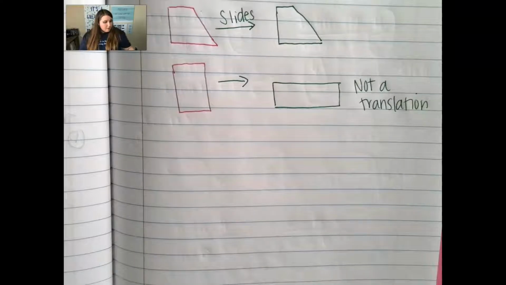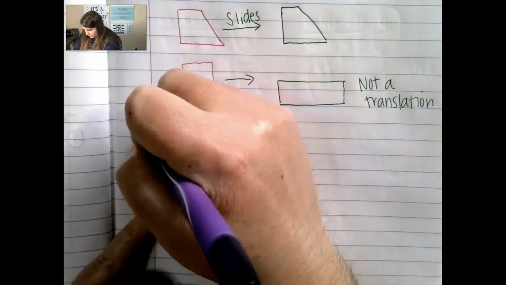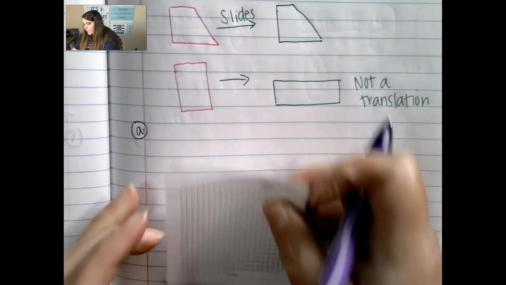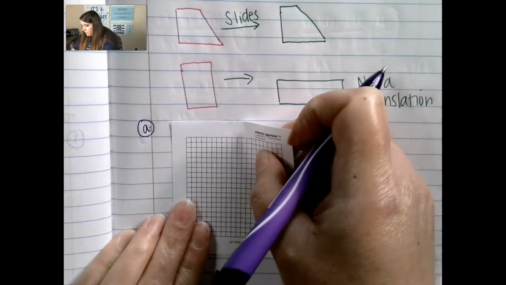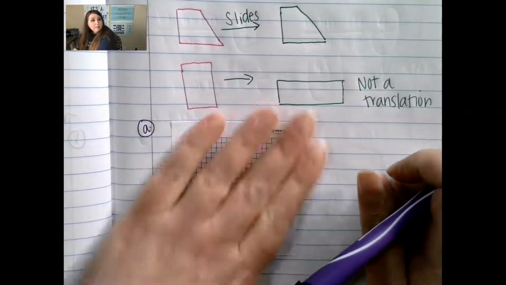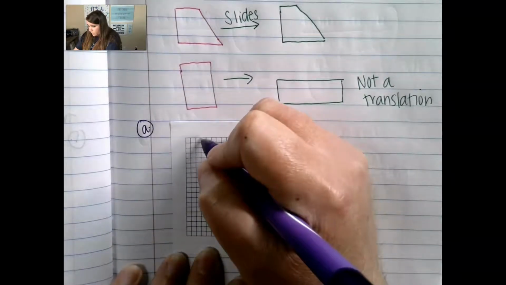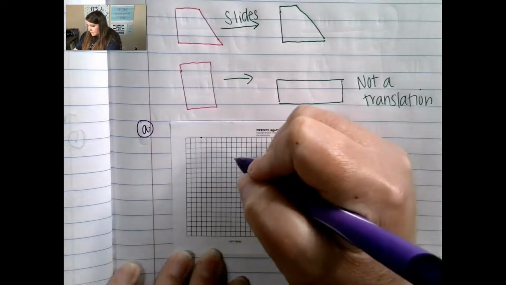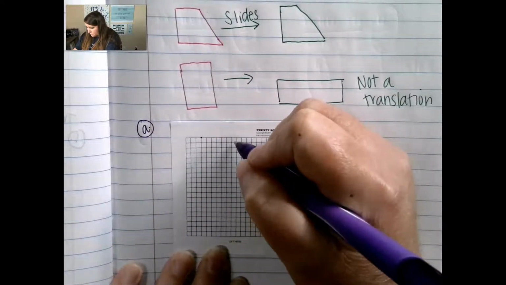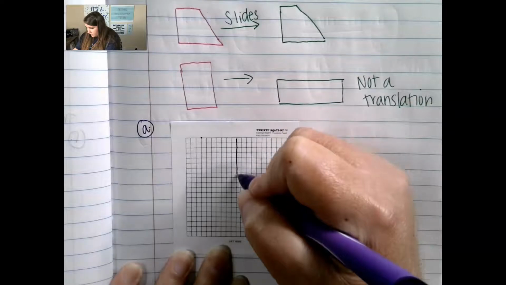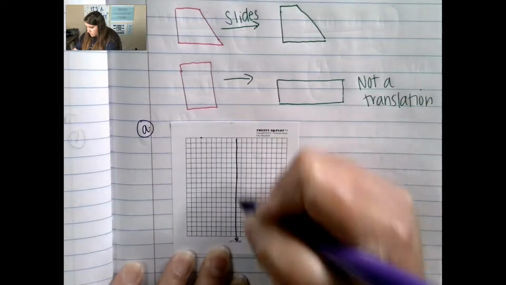So let's start with an example, and on our example, you're going to want to get one of your coordinate plane stickies. And we're going to have example A.